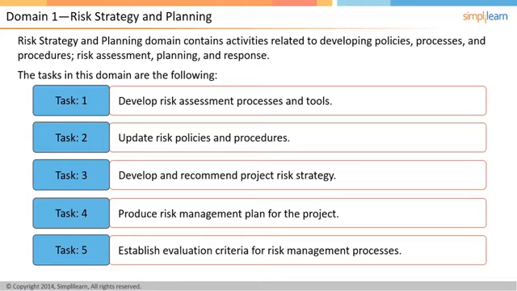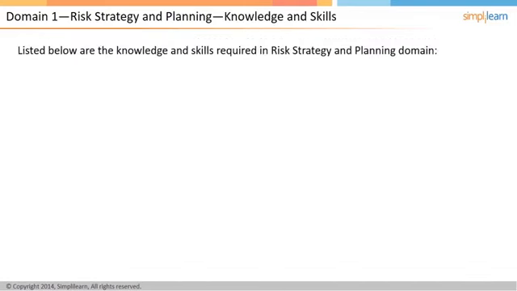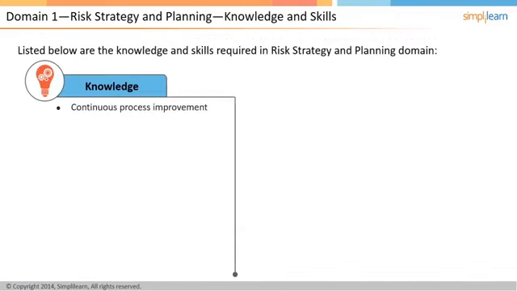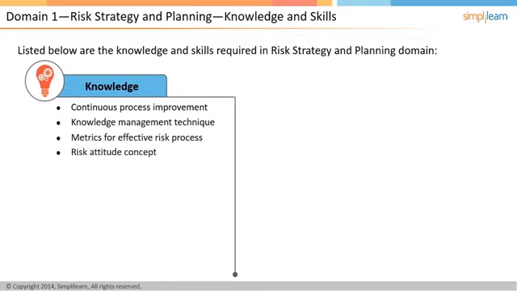Let us look at the knowledge and skills required in the Risk Strategy and Planning domain in the next screen. The knowledge required includes how to achieve continuous process improvement, collecting lessons learned and documenting them in the Knowledge Management Bank using techniques, defining metrics for effective risk process achievement, and understanding the risk attitude of the stakeholders.